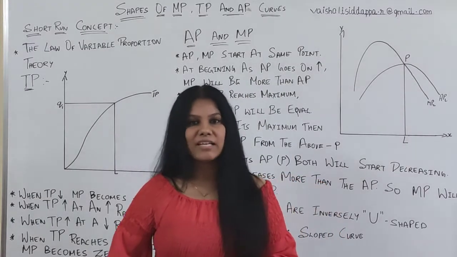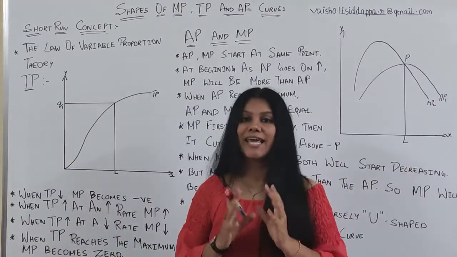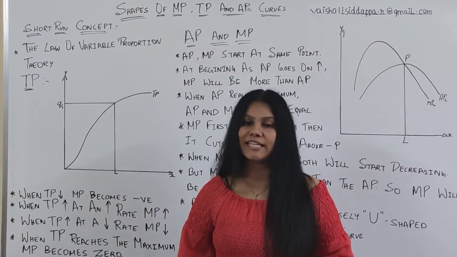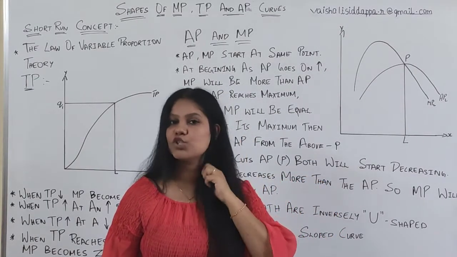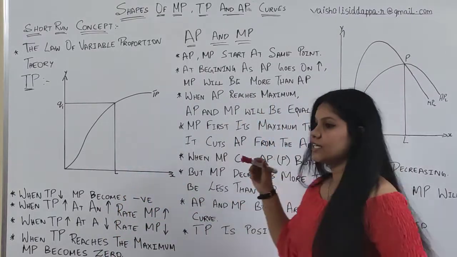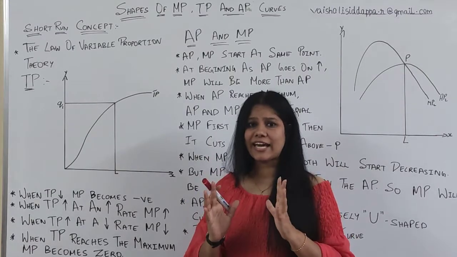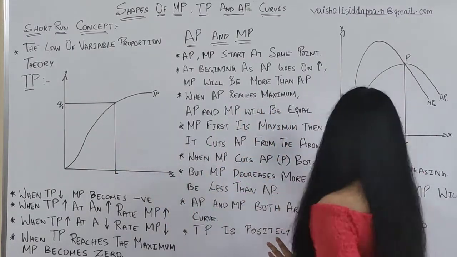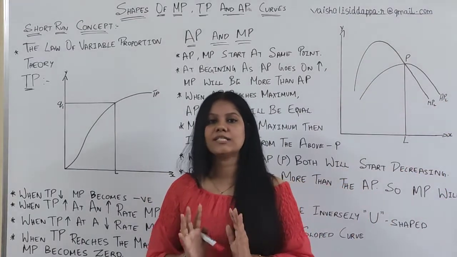In the previous classes, all three curves were in the same diagram. If you see the law of variable proportion theory in my previous videos, all three curves, the TP curve, APL curve and MPL curve, are there in one single diagram.